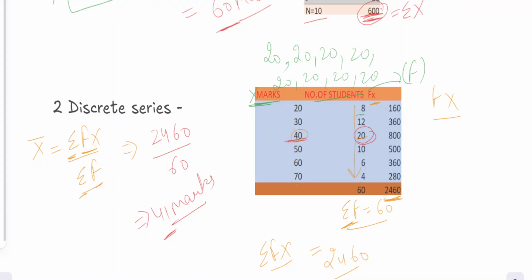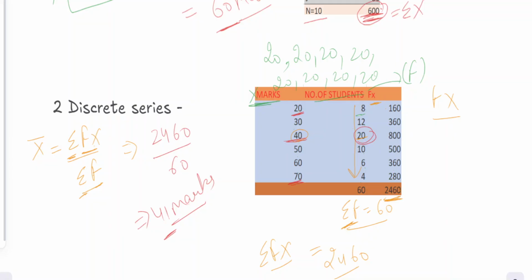There is one more thing to be known: your minimum value is 20, your maximum value is 70, your mean can never be out of these values. Your mean can never be less than 20 and can never be greater than 70. Your mean value should lie between them, which is representing your entire data.